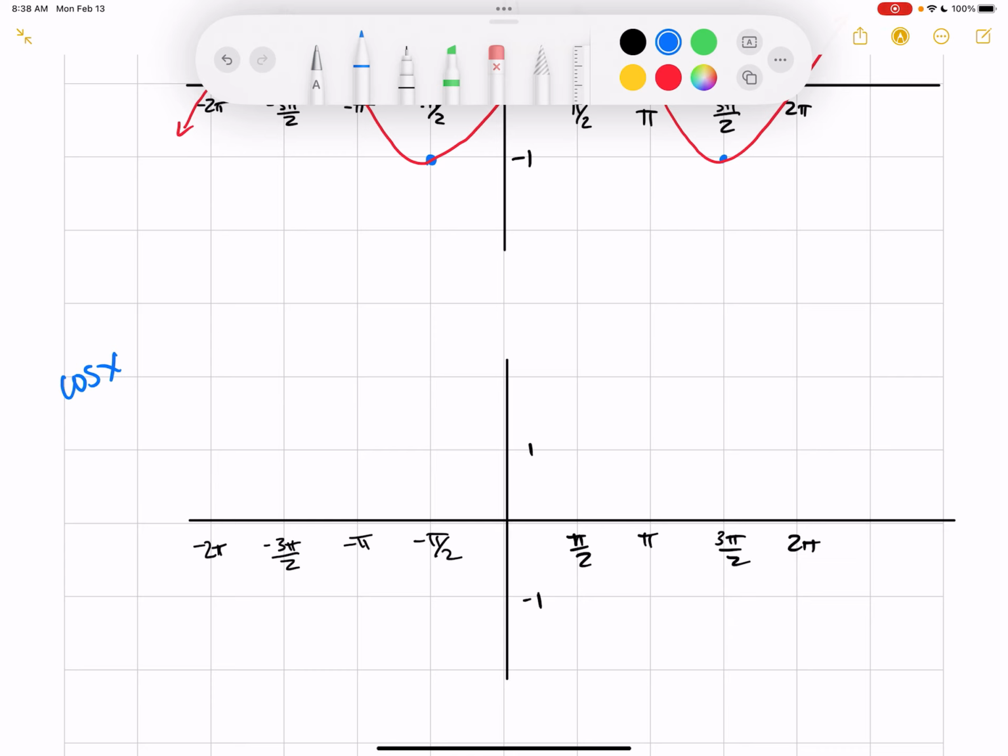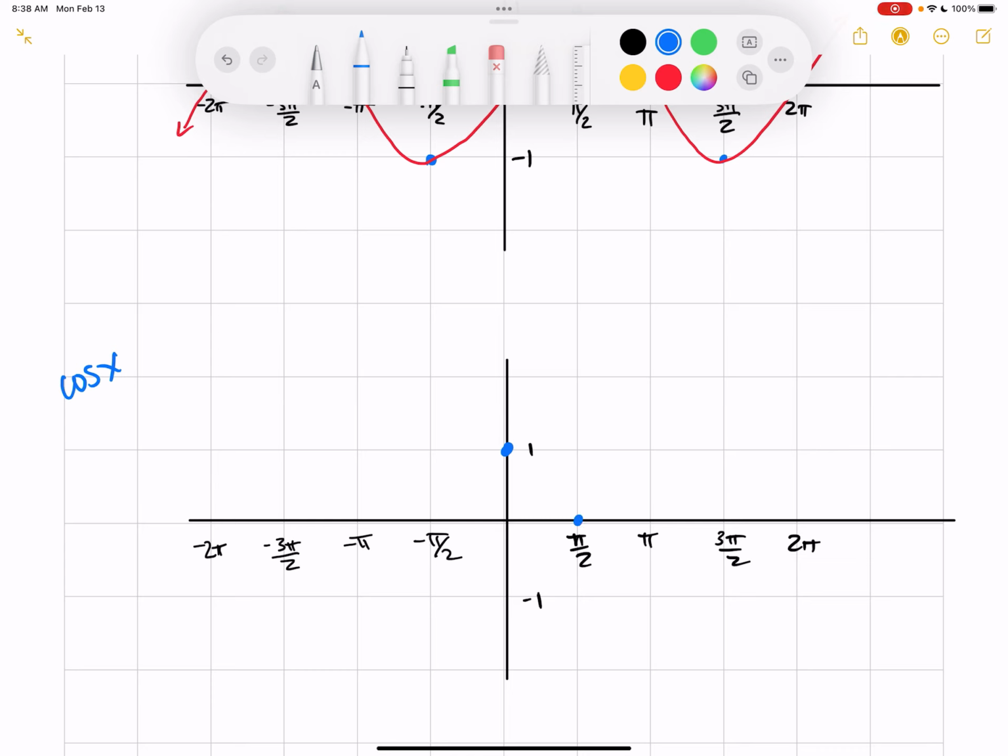All right, so what is the cosine of 0? 1. Yeah, it's 1. Okay, so sine started at 0, cosine starts at 1. How about cosine of pi over 2? 0.